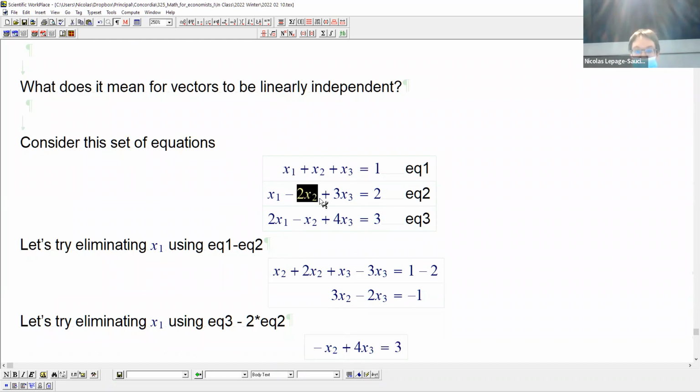So I get plus 4x2 here. And here 4x3 minus 6x3. And then minus 4.